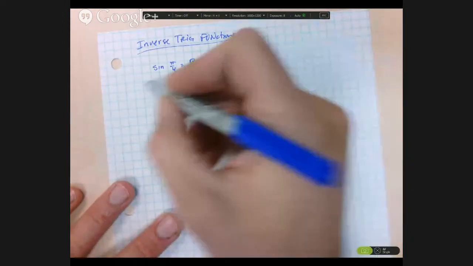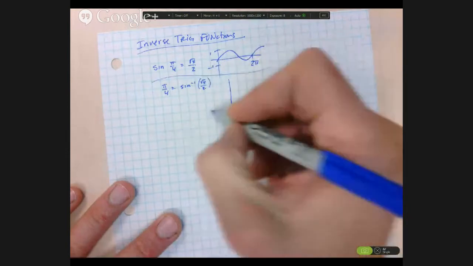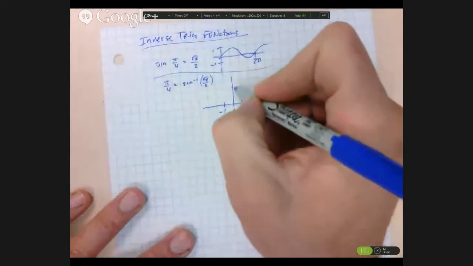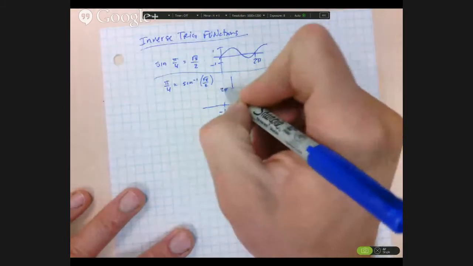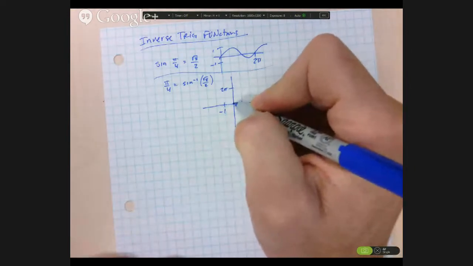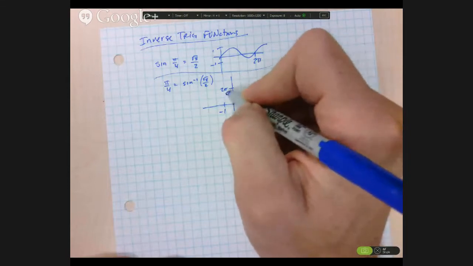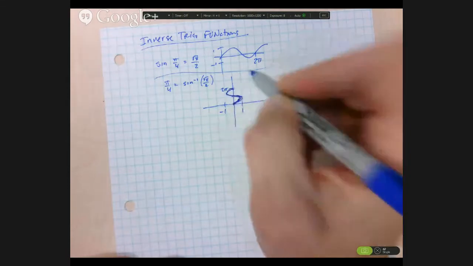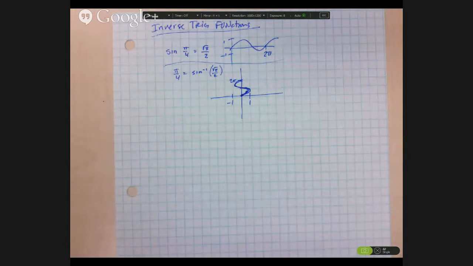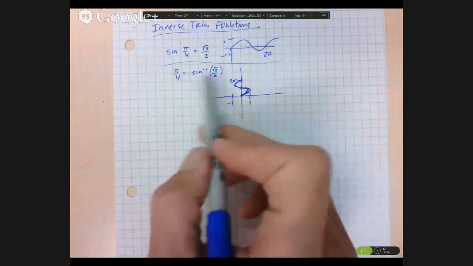The graphs of the inverses start in the positives and go up the y-axis. Basically, what you need to know is how to go back and forth with these.